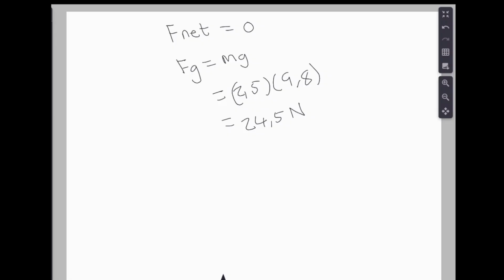Now F net is 0, right? F net is a combination of the tension minus the weight, which is equal to 0. And the tension is equal to the weight, which then makes the tension in the string 24.5 newtons.